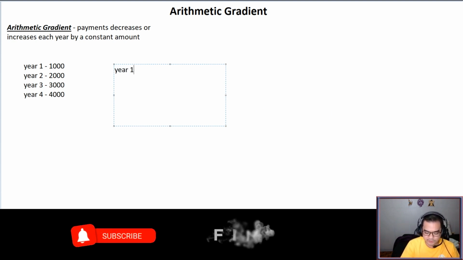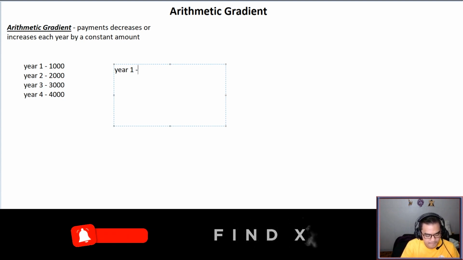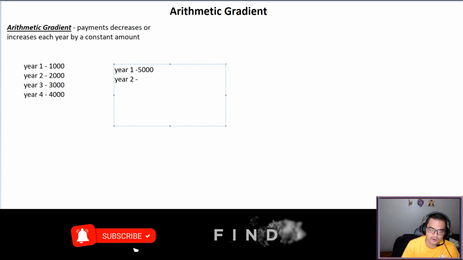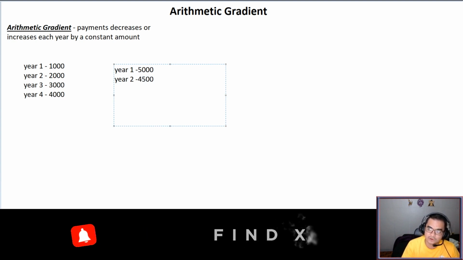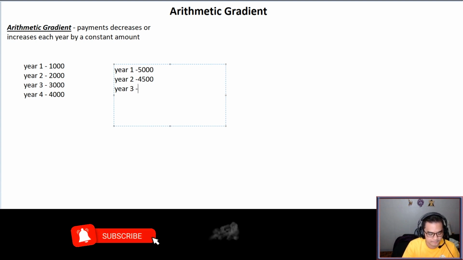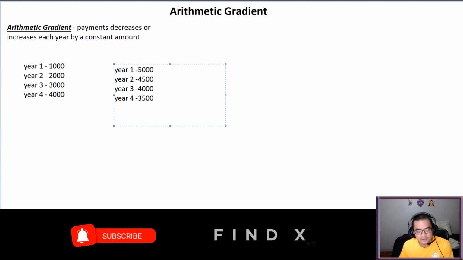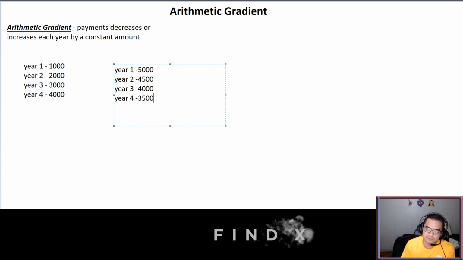For another example, let's say for year one you are paying 5,000, and for the next year you are paying 4,500, and then for year three you are paying 4,000, and for year four you are paying 3,500. So as you can see, now the payment decreases, so it can either increase or decrease. That is arithmetic gradient.